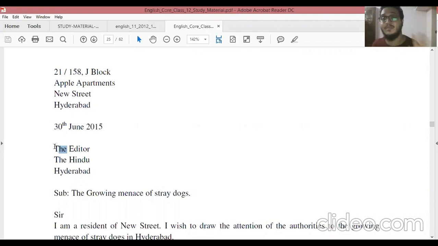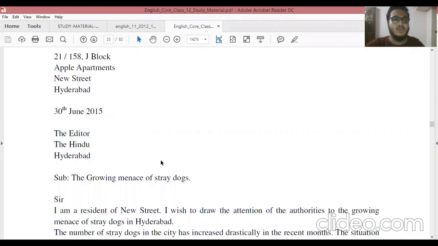This is the biggest error, because class 12 students commit article errors and lose marks. It's a proper noun, so the article will be there. So: the editor, The Hindu, Hyderabad. Whatever the newspaper name, you write it near the editor. Got it clear?